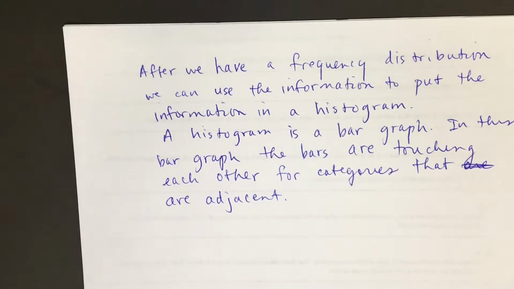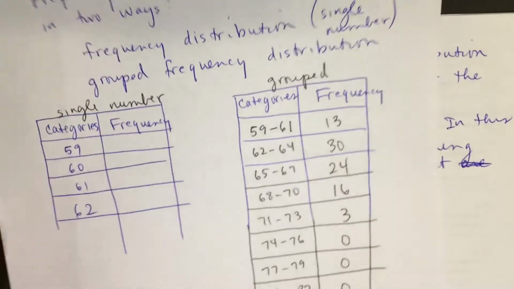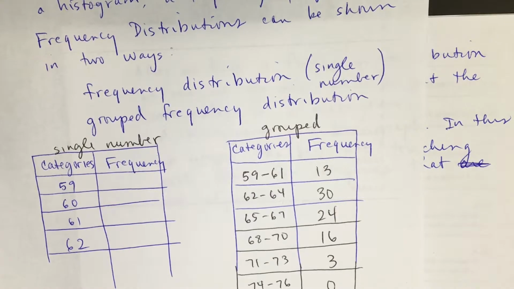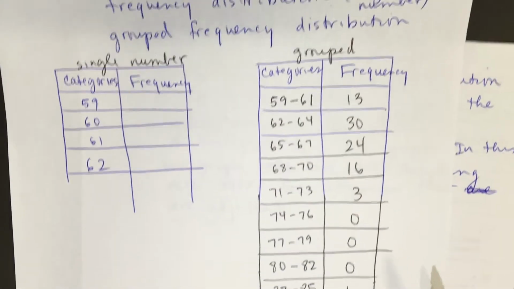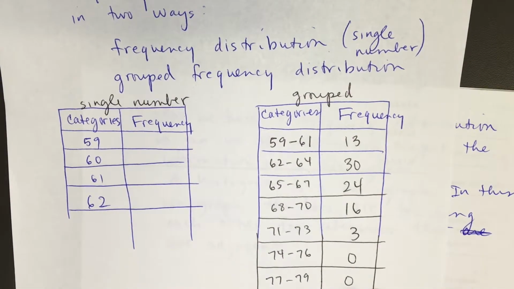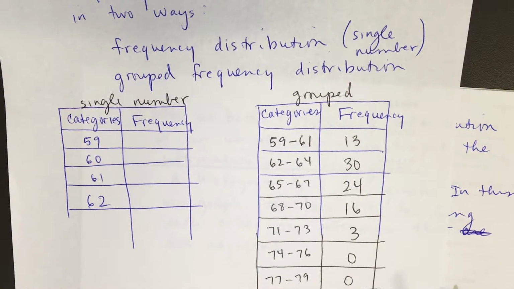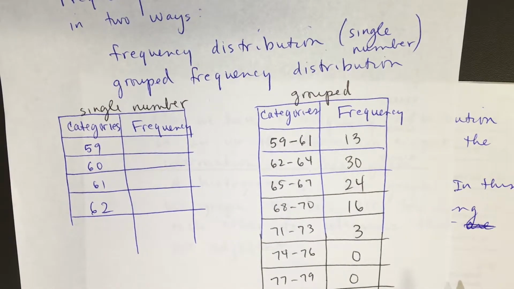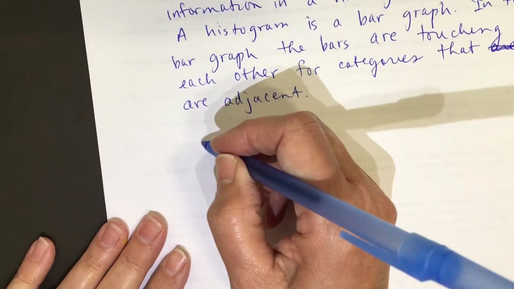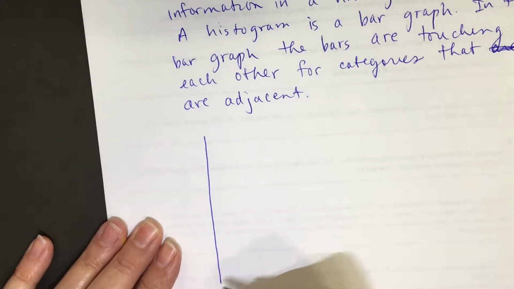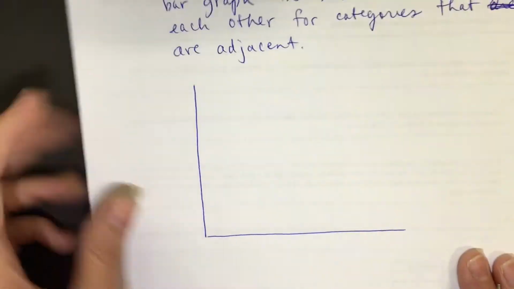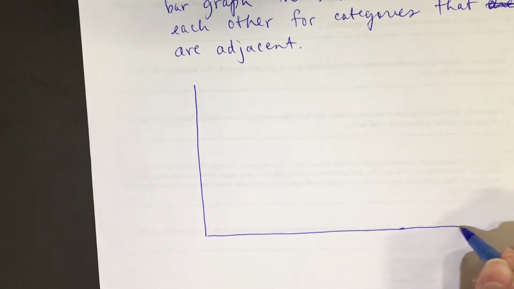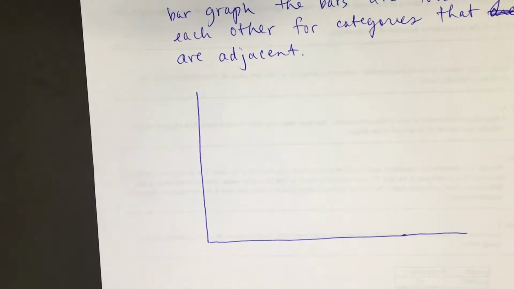In my heights of young women, in a previous 1029 class, I'm looking at the data. The biggest frequency is 30. So I want to put that in my head and think, maybe I can mark off the frequency line by 5s. This is what it'll look like. There'll be a vertical line, and there'll be a horizontal line, kind of like the first quadrant on an XY axis, but it's not plotting points.